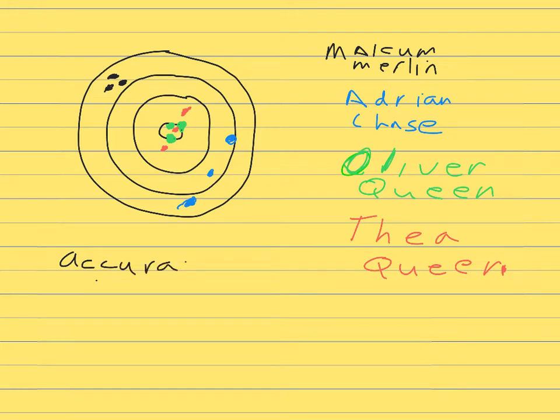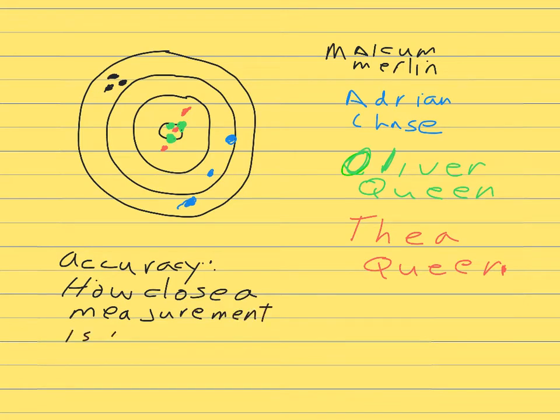Accuracy is the term used in science to describe how close a measurement is to the accepted or true value.